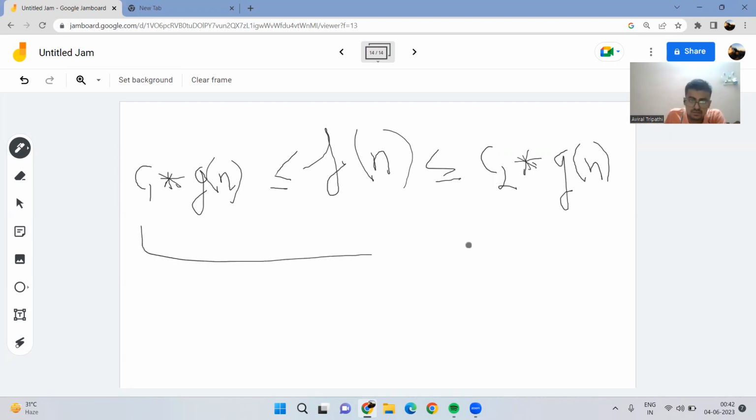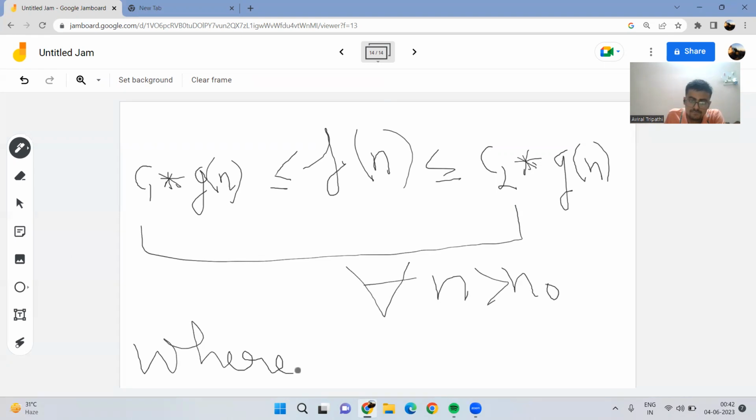Now this analysis should happen for every n greater than n naught, where C1, C2 and n naught are positive values.